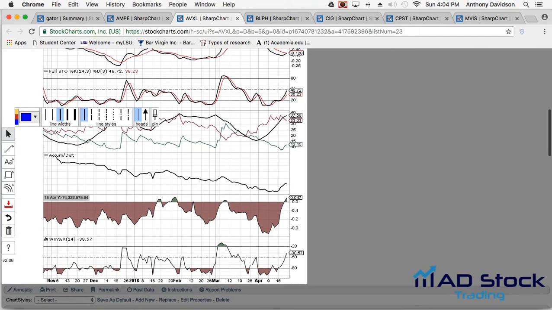Big one here that we looked at was the CMF, the Chaikin money flow. So this last block from here to here, let me grab a line and show you guys.